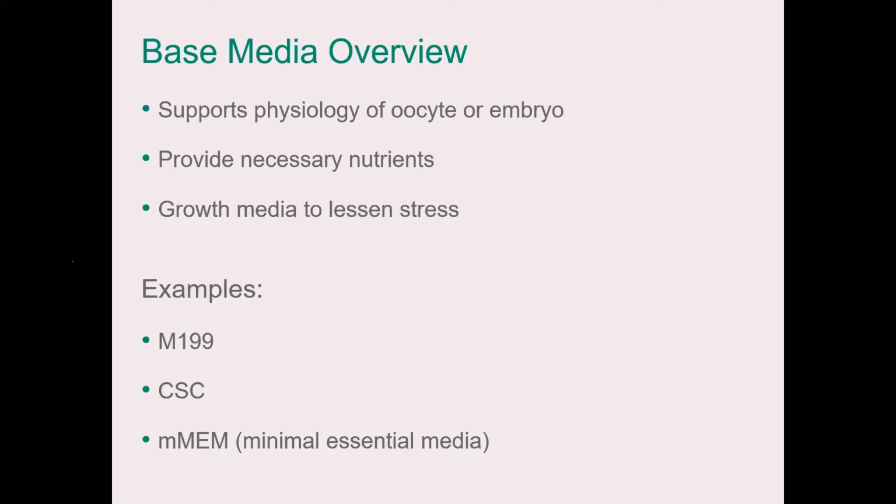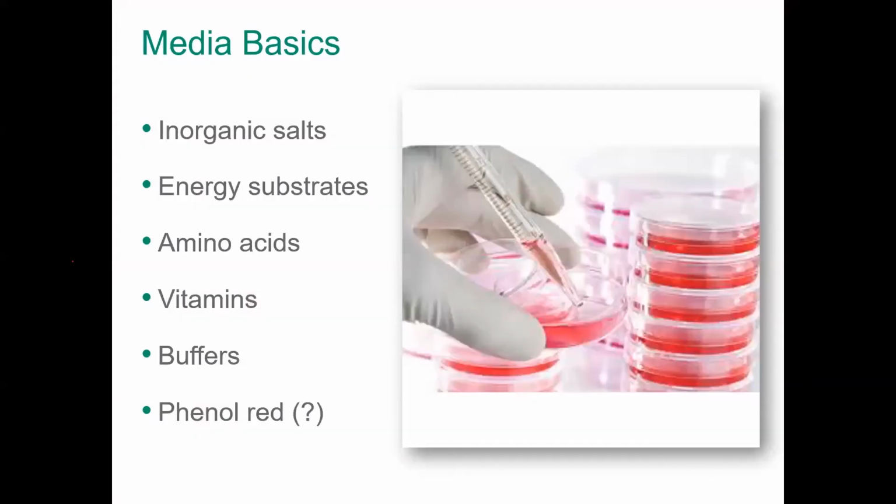The composition of the basal media might be, as I said, simple or complex. But what we always see in the composition are salts, energy substrates, amino acids, and a buffer, and that might be the bicarbonate buffer, like in culture media.